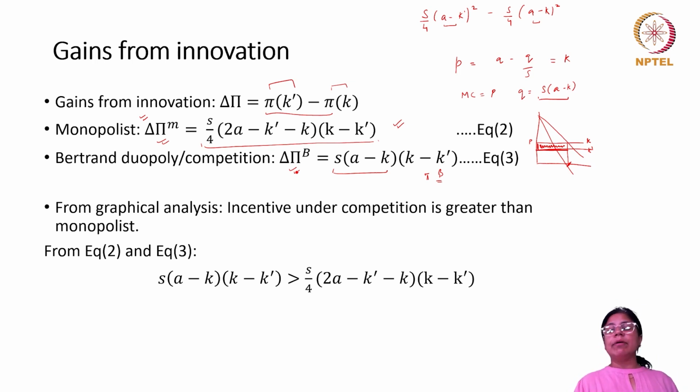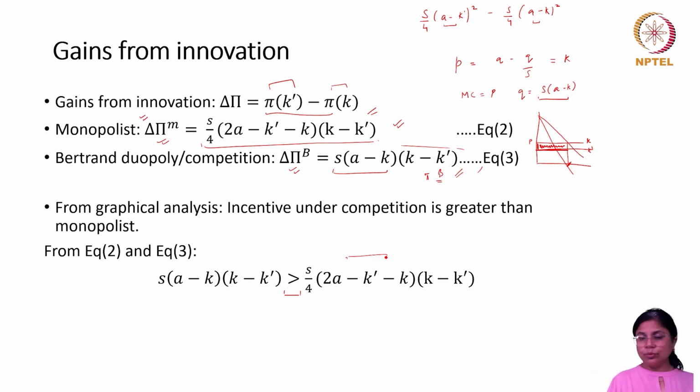Clearly it's a very straightforward comparison. That means we have to compare this term coming from equation 3 to the term from equation 2, and in order to prove our point we have to show that this is greater than the other side.